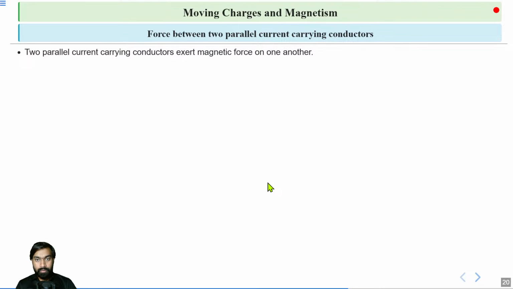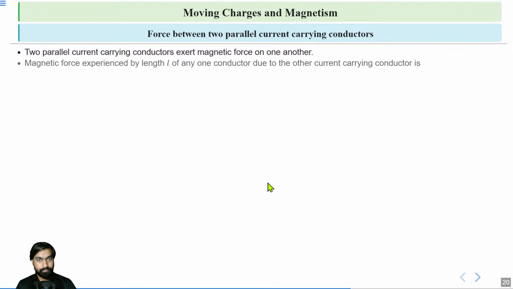Now we will talk about force between two parallel current carrying conductors. Two parallel conductors carrying current produce magnetic fields. We know this. So those magnetic fields interact with each other, resulting in a magnetic force between them. This is a fundamental principle in electromagnetism and explains how current carrying wires can attract or repel each other depending on the direction of the currents. So, magnetic force on one conductor due to the other.